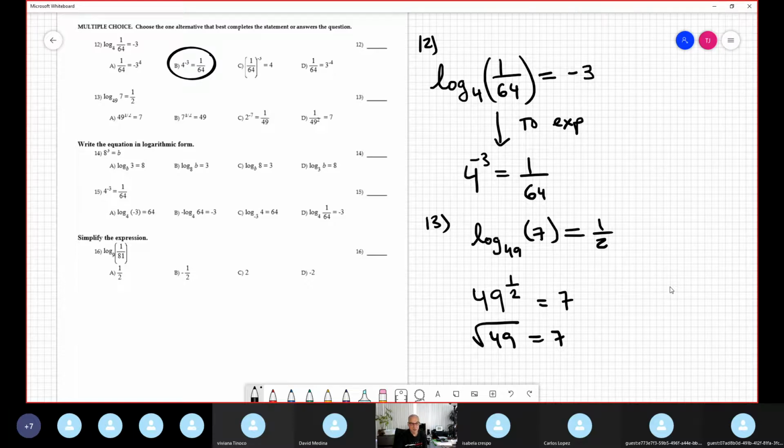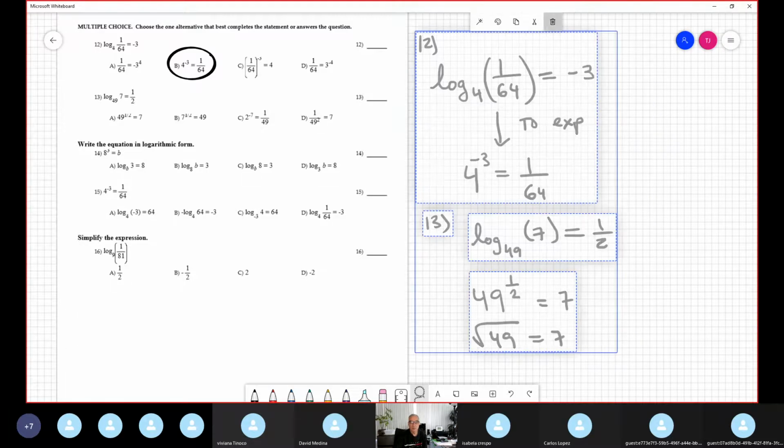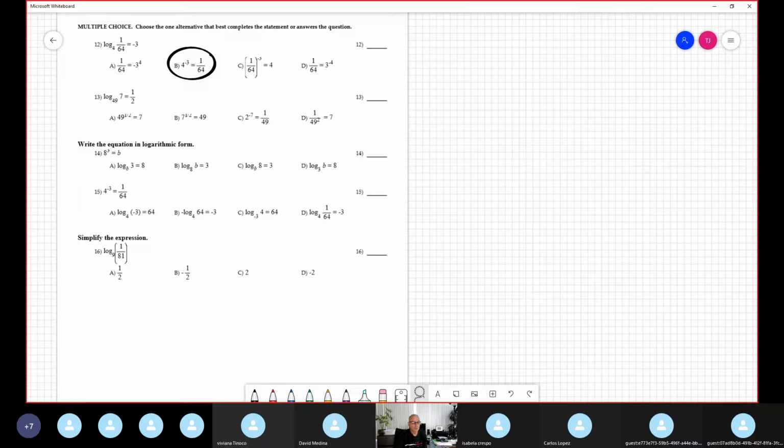Here you are given the exponential statement, and you need to switch into logarithmic. Okay, do it. Number 14 is a to the third power equal to b.